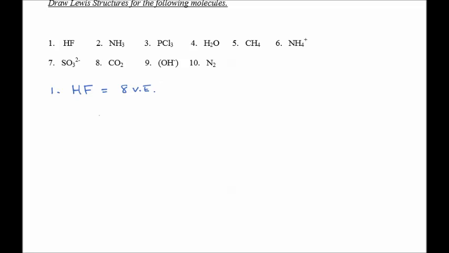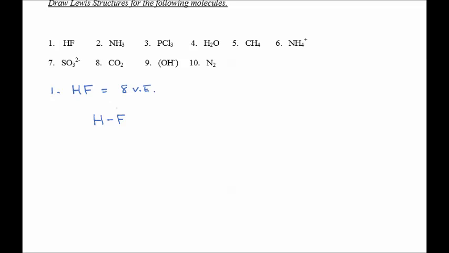The next step is we draw a basic molecule, and remember, a molecule is covalently bonded, so it's a sharing of electrons. So we're going to show with a dash the shared pair of electrons, one from the H and one from the F. That dash takes care of 2 of the valence electrons. So we have 6 left.